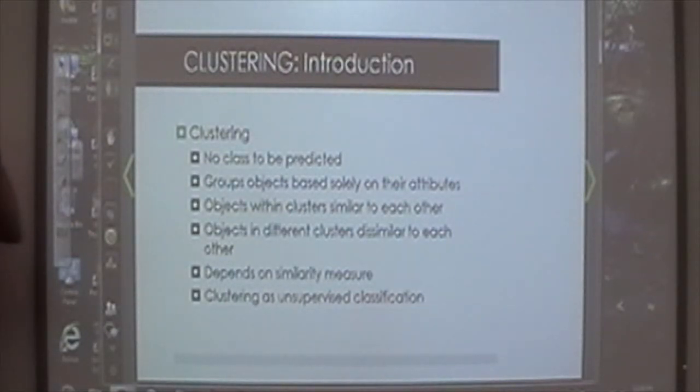So the reason I say that clustering and classification actually could work together quite well, there are a couple of reasons. One of them is you can think of clustering as unsupervised classification. That is, you're trying to classify these objects into different groups, but you're not trying to determine just a particular class, some set of attributes determining a class.